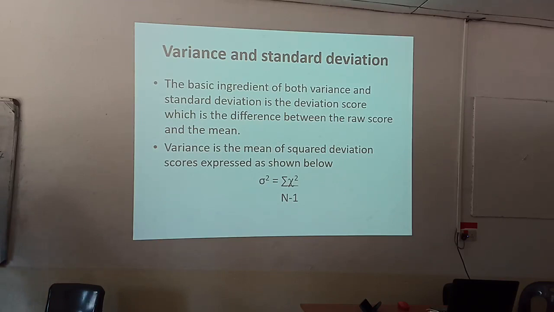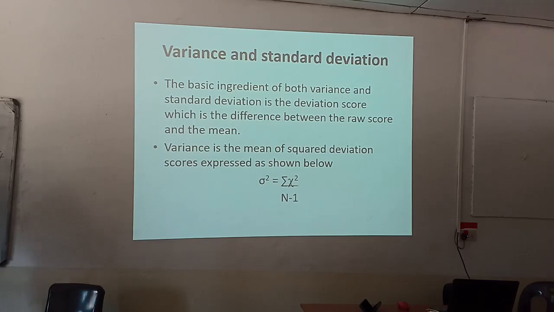Now, if you were to come up with a measure of standard deviation, ideally we should have just summed them up. But when you sum them up, they always add to 0 because the positive numbers and the negative numbers always cancel one another.